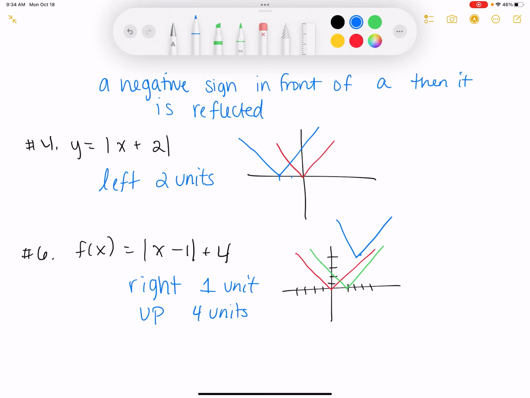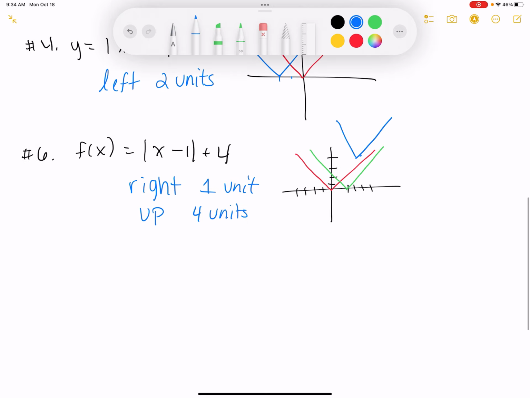I would have gone straight from red to blue, personally. So technically you don't need the green, but some teachers will ask for it. Mr. Cass used to want us to show the green. It just depends on who you have. But I'm not that picky about it because you have a calculator.